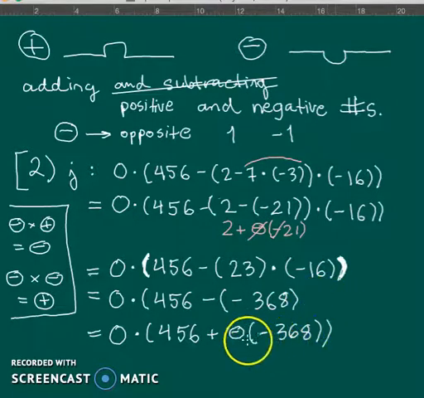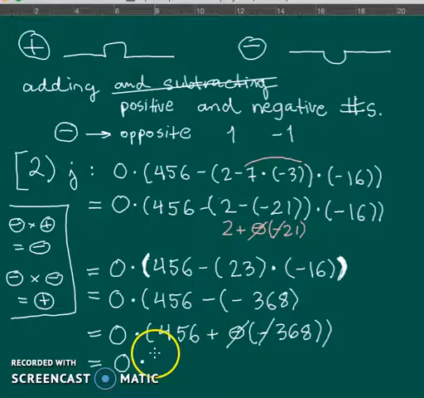And what do I know is the opposite of a negative? The opposite of a hole is a pile, so those will cancel out. And now I'm just going to be adding 456 to 368. Let's rewrite that one more time. 0 times those two numbers added together, which is 824.